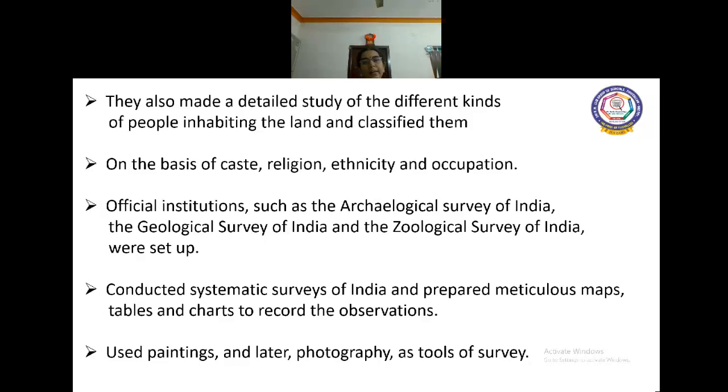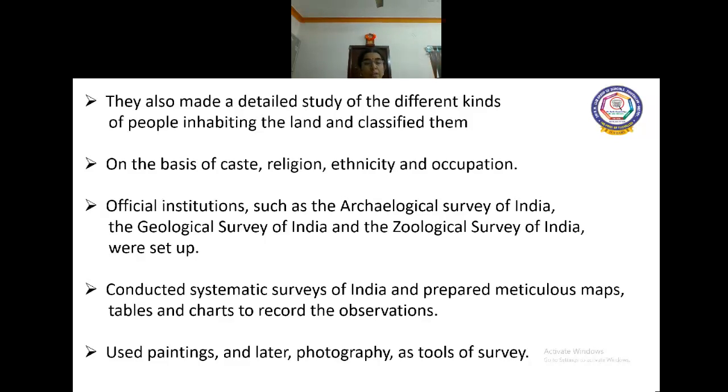Also, official institutions such as the Archaeological Survey of India, that is, studying the physical remains of the past, the Geological Survey of India, and the Zoological Survey of India were set up.